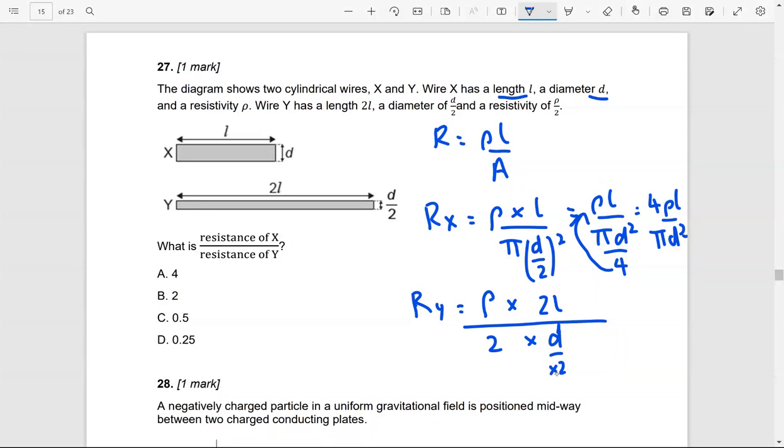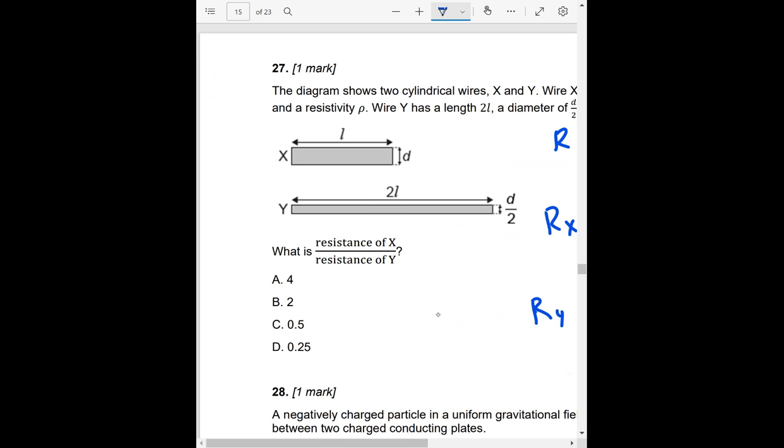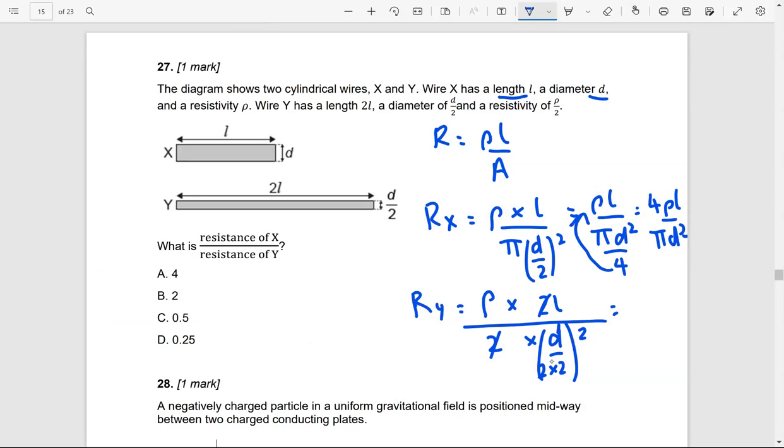So we're going to divide that by 2 to get the radius and then square it. So let's just cross out those 2's. So we end up with d over 4 all squared. So that's d over 16 squared. So we end up with 16 rho L over pi d squared. Apologies, I forgot the pi there.